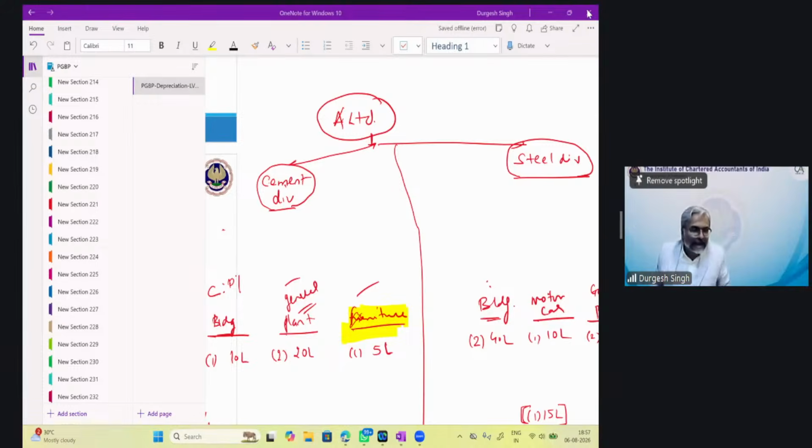They will never say like that. You need to understand the framing of the language and see where it is going. Ownership, actual cost to the assessee, depreciation allowed to the assessee. All this language tells you that the allowance of depreciation is to the assessee and not to the business.